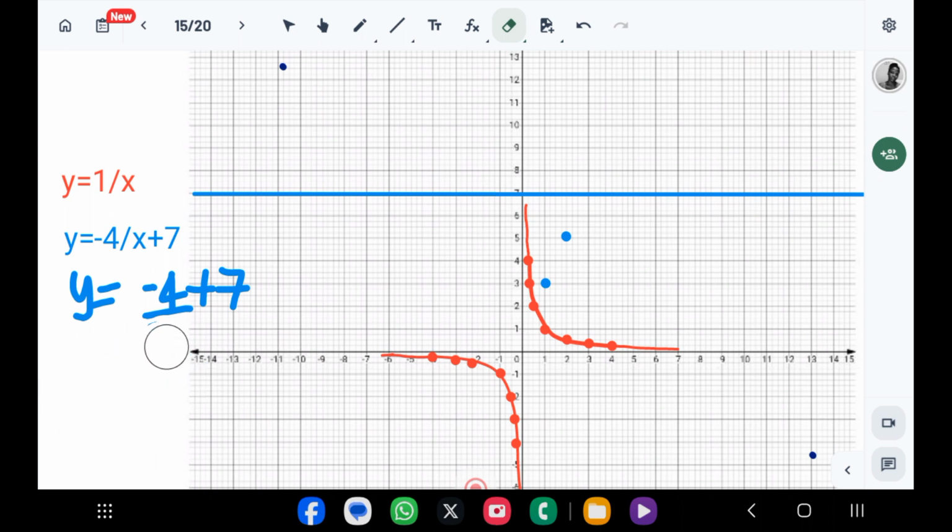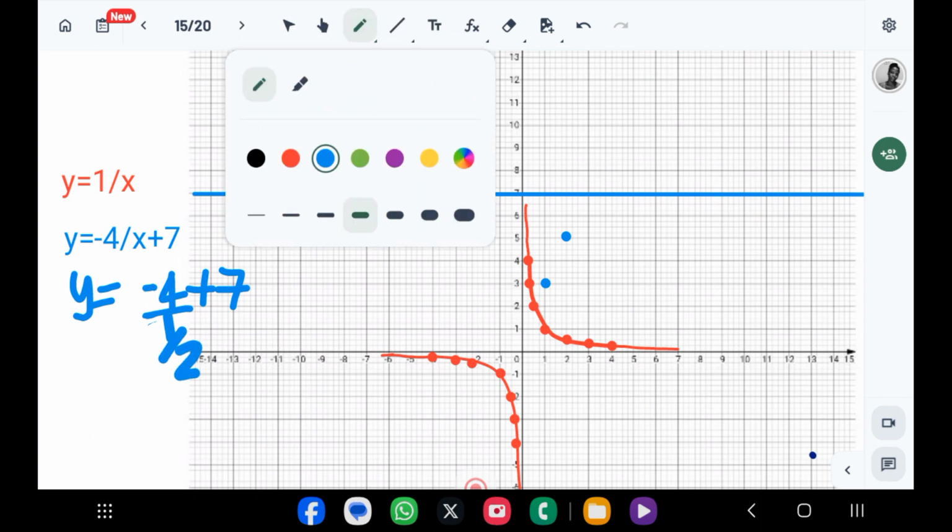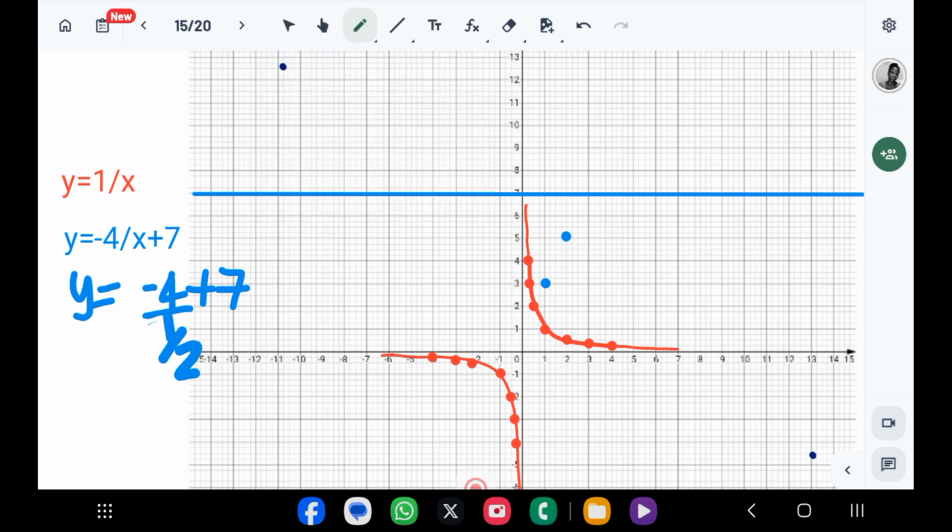When x equals to half, -4 times 2 over 1, that's -8. So that's equals to -8 plus 7, it gives us -1.